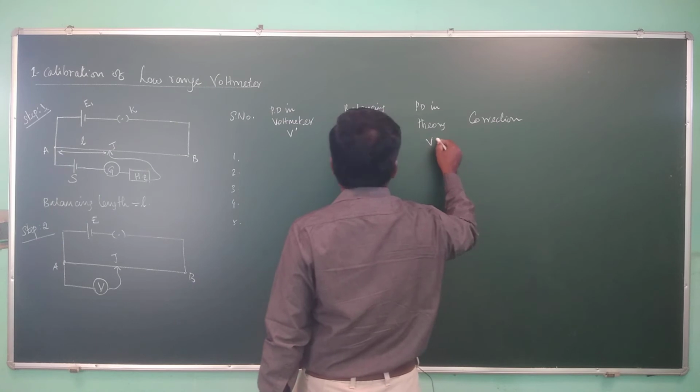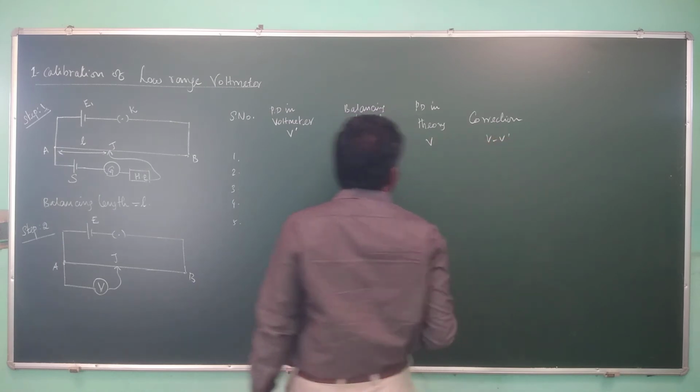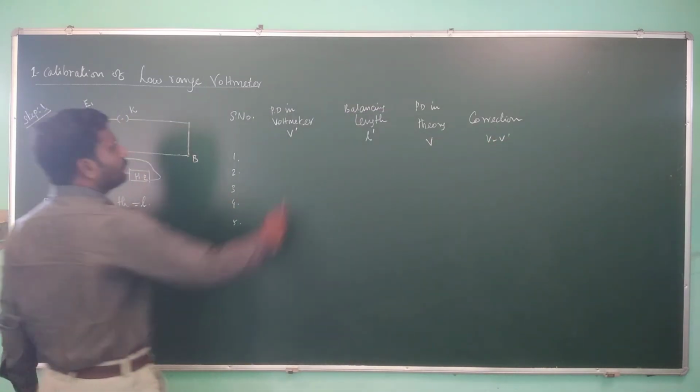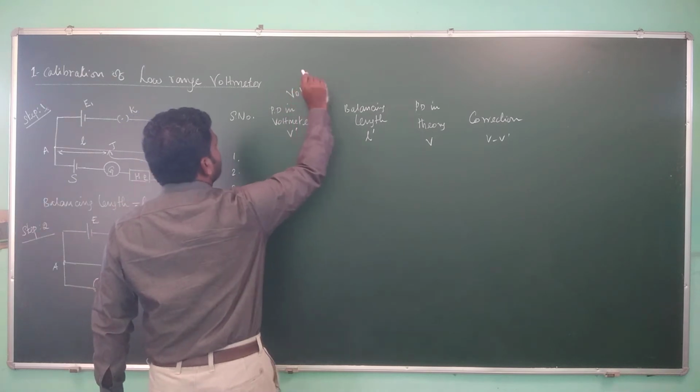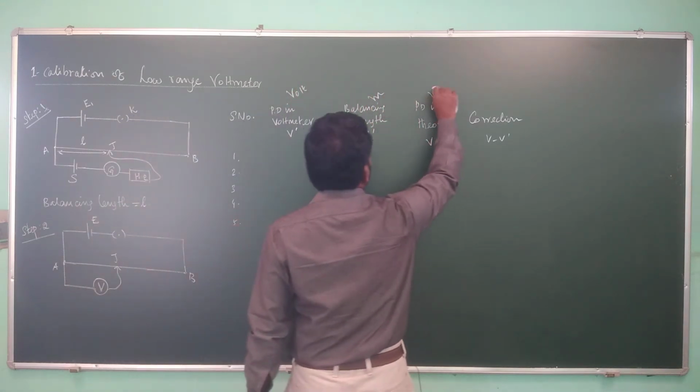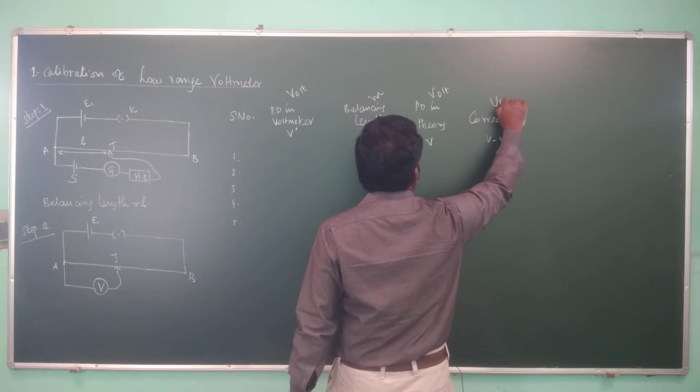So this is V, and correction will be V minus V prime. The units will be volt, meter, volt, volt.